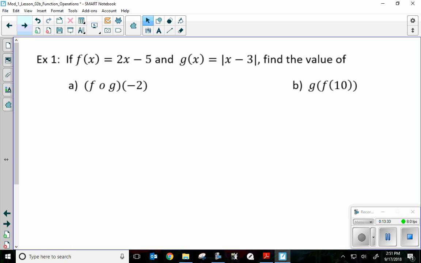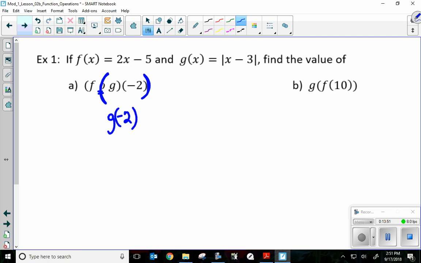So I have 1a. I'm taking f of g of negative 2. Whatever function g happens to be closest to my input, negative 2, I'm going to do g of negative 2 first. Once I do that, whatever value that is going to be put into f. All right?